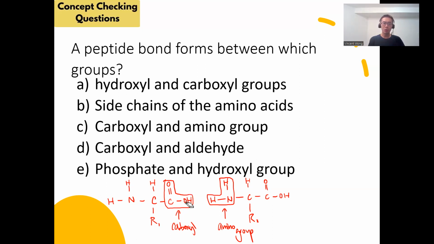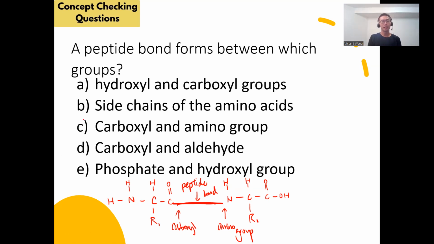So you will remove an OH, you remove an H, and you will form a connection here. Let me just do that for you. Remove the OH and remove the H, and then now I'm gonna have a peptide bond, right? Peptide bond.